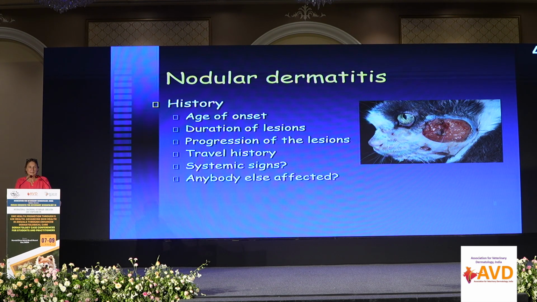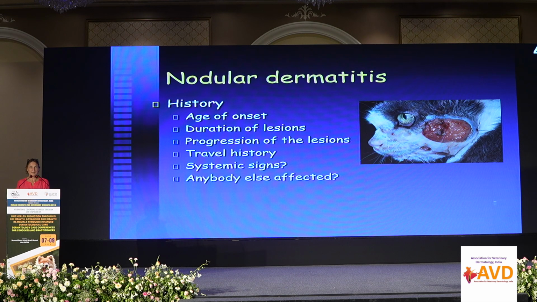When I'm presented with these cases, it's very important to figure out how these lesions have progressed, how long they've been there, and if there is any travel history. Some infectious diseases are present in certain areas of the world, and within the U.S. some areas have some fungal infections versus others.